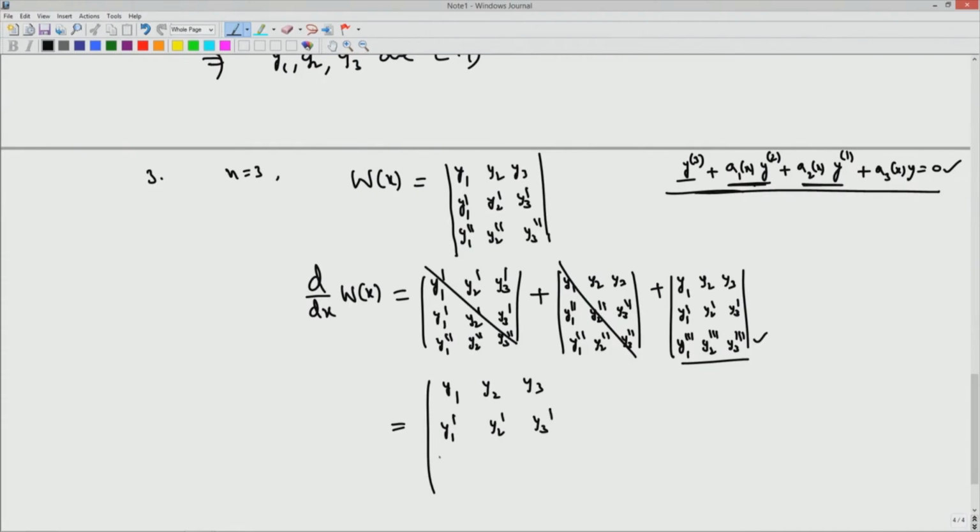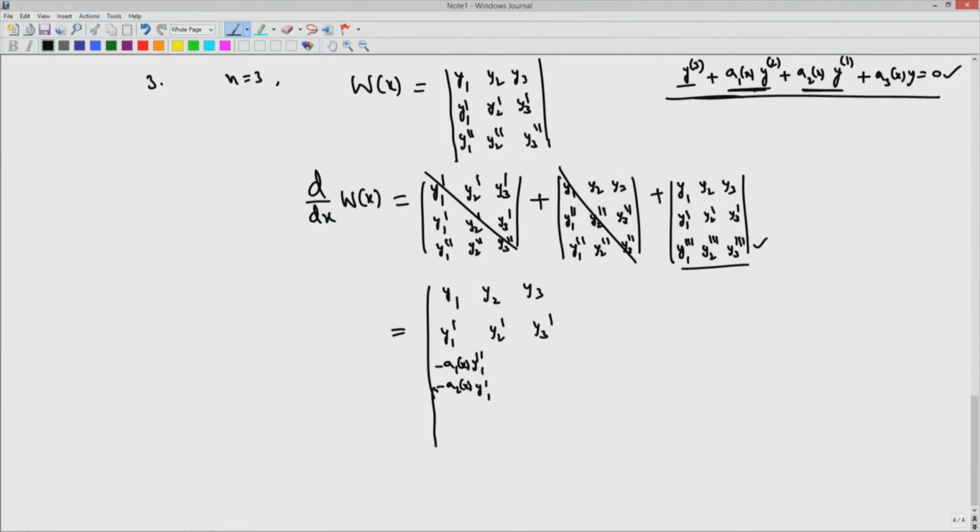Now you can replace each of these as minus a1x y2 dash, y2 double dash, minus a2x, and minus a2x y1, sorry, it's y1 double dash, y1 dash. This is only third row, first column.